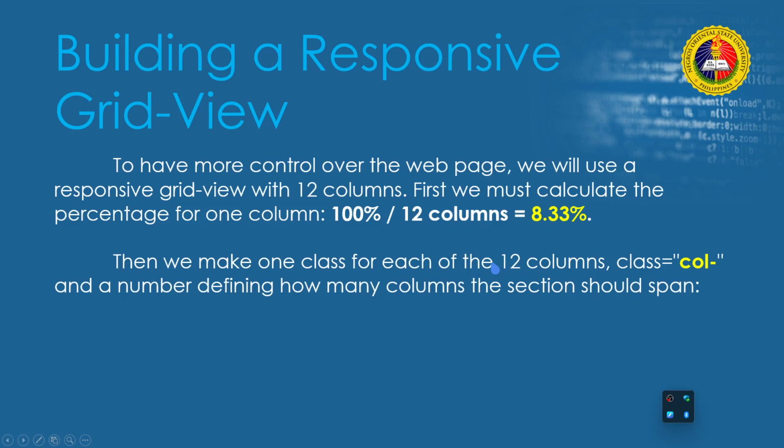For column 2, let's say 8.33 times 2, or 8.33 plus 8.33, then we'll get 16.66. Then add another 8.33 again, then we'll have 25%, 33.41. So take note of this. You don't have to memorize it, but please take note of these percentage sizes, because this is what we'll be using always from now on.